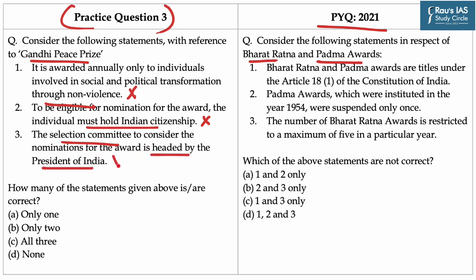This statement again is incorrect because the jury is chaired by the Prime Minister of India and other members are the Chief Justice of India, the Leader of Opposition in the Lok Sabha, the Speaker, as well as the founder of Sulabh International NGO. Now, how many of the statements given above is or are correct? As we have established, no statement is correct, hence option D is the right answer.